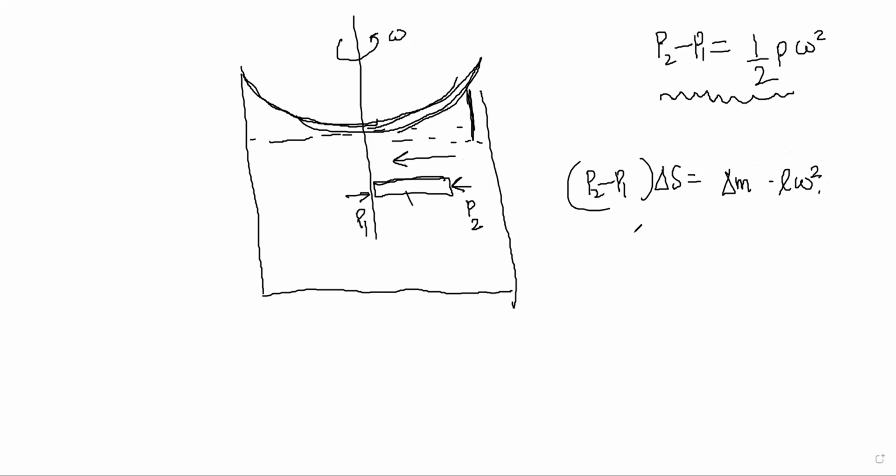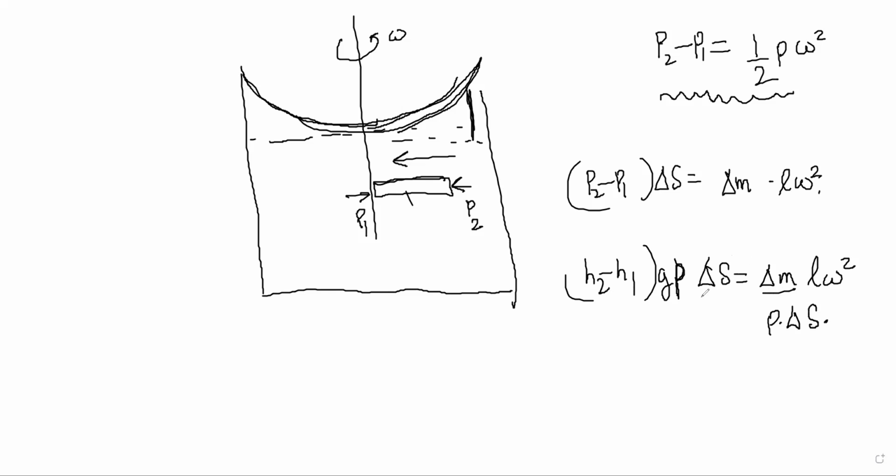And similarly, you'll do P2 minus P1 should also be equal to (H2 minus H1) rho G, right? Times del S should be equal to del M L omega square. And del M is rho del S into the length, right?